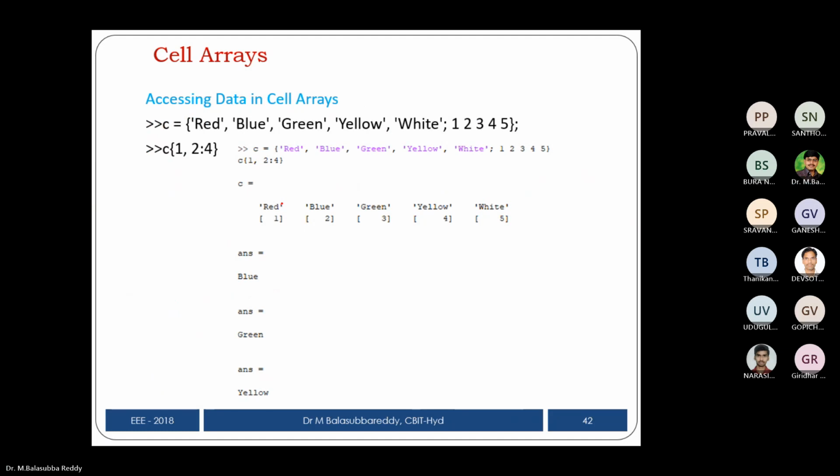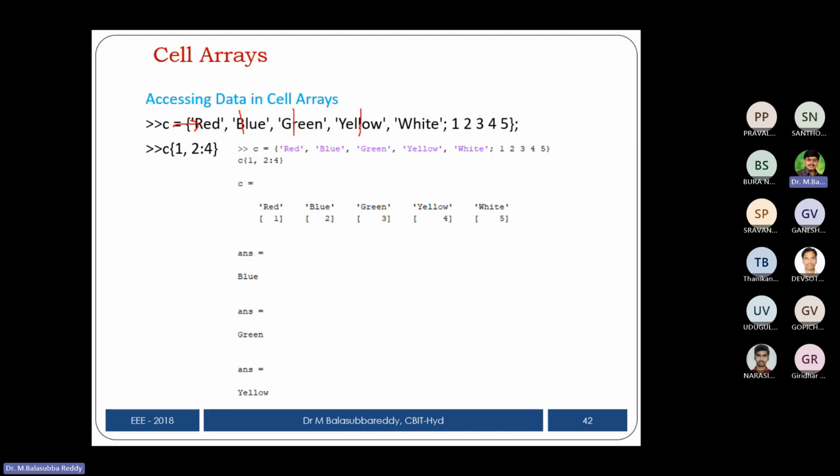Now similarly, there is one row, the first row, with columns 2 to 4. So one row, 2 to 4 columns, you can get it here. This is the data: first row of only the second column, third column, fourth column.